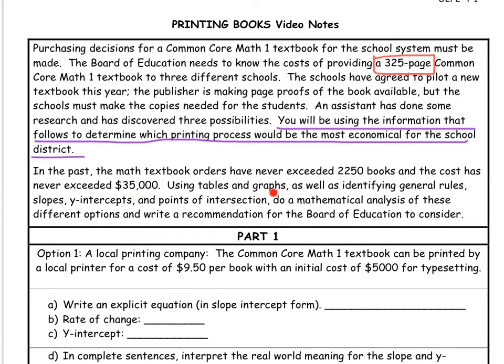We're going to fill in the tables below, graph it in class tomorrow, as well as identify general rules, slopes, y-intercepts, and points of intersection, and do a mathematical analysis of these different options and write a recommendation for the Board of Education to consider.